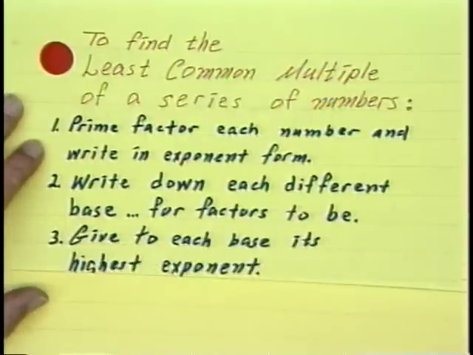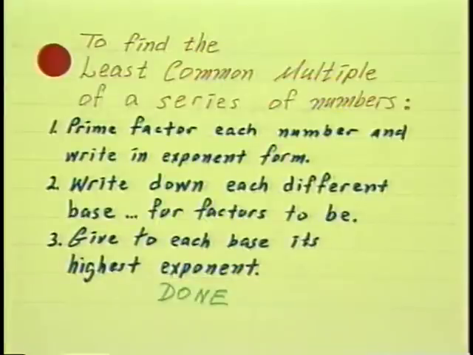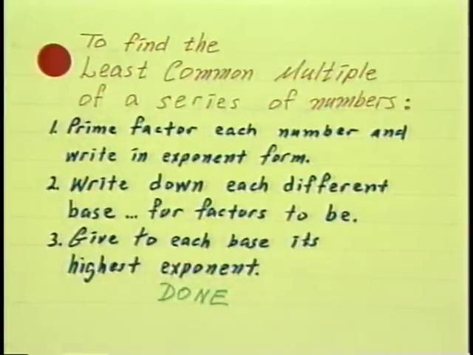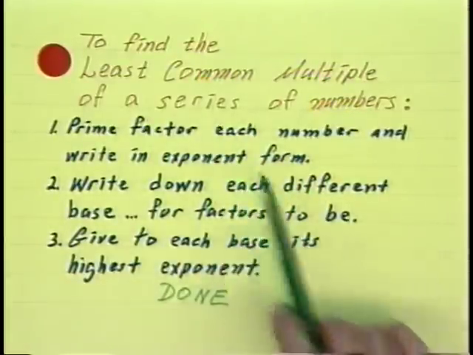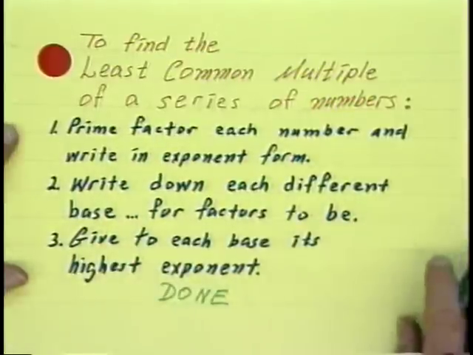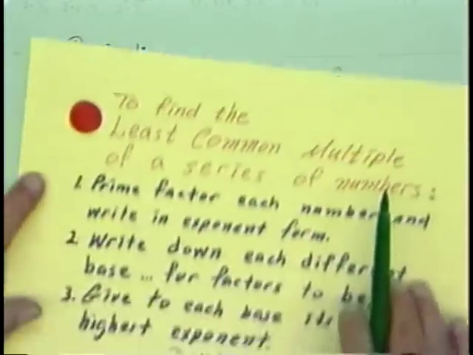You're going to give to each base its highest exponent. What next? Nothing. You're done. Just 3 very simple steps. Simple to remember, although we all agree it will take a considerable amount of arithmetic to do each one of these. So let's go through and follow through on each of these three regarding these.